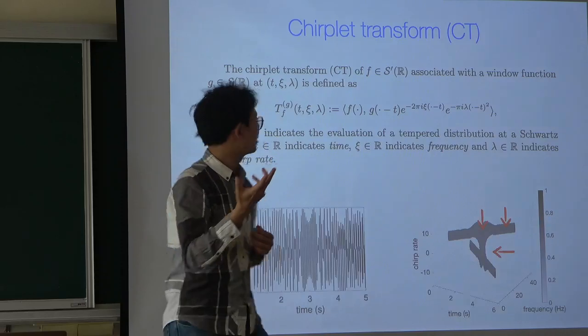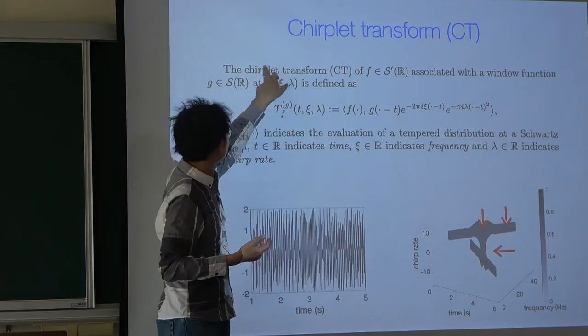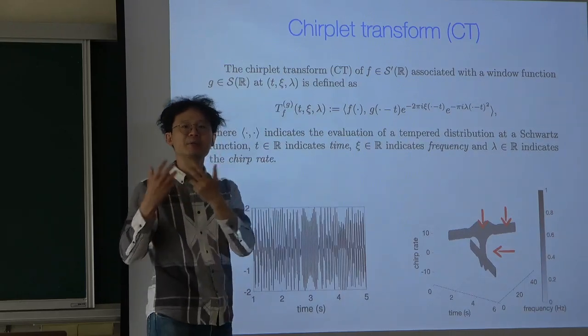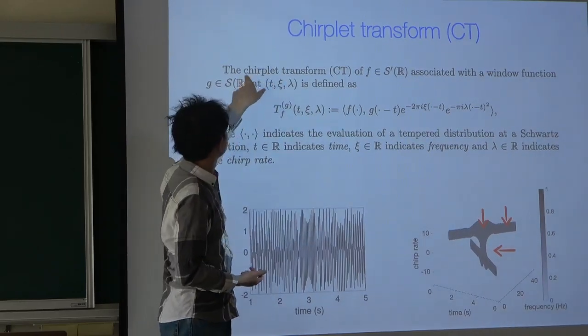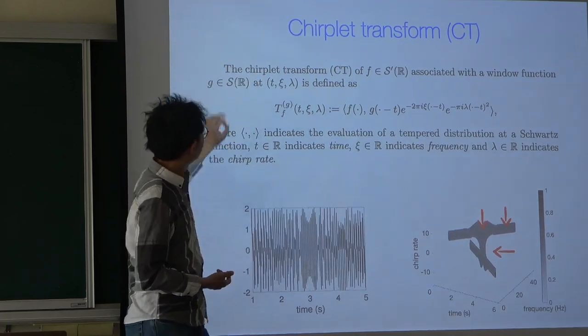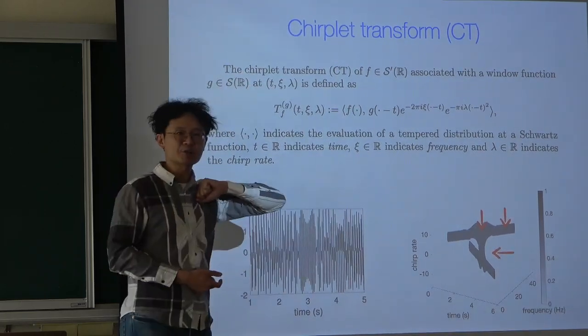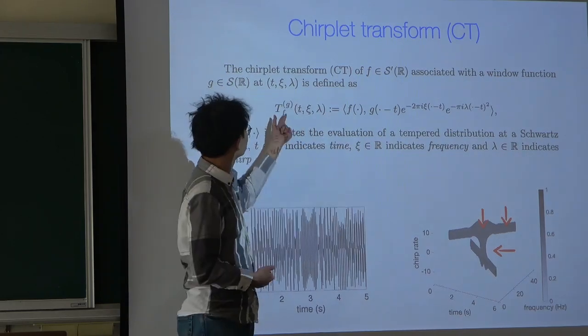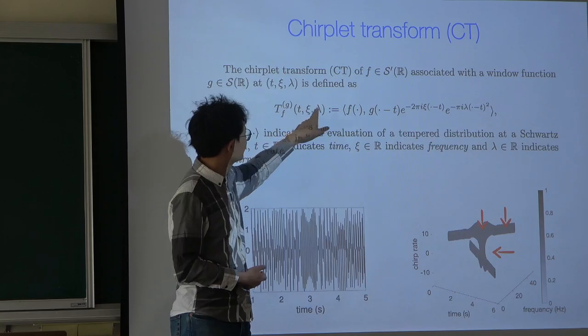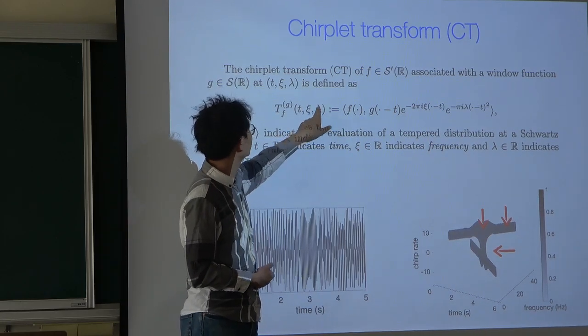But transform what? We know that, hey, the signal has chirpy information, or it has chirpy behavior. So we want to apply some chirp when we do the transform. And how does it look like? It is actually a transform. After the transformation, it depends on time, frequency, and the chirp: t, c, and lambda.